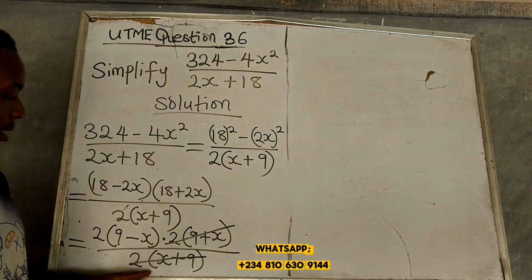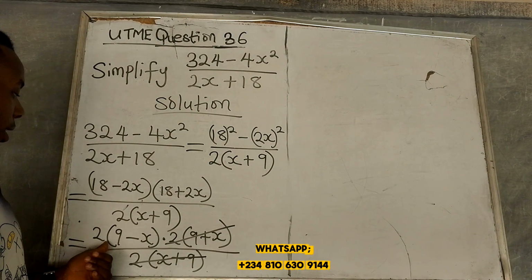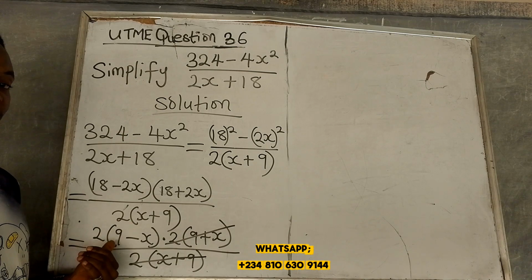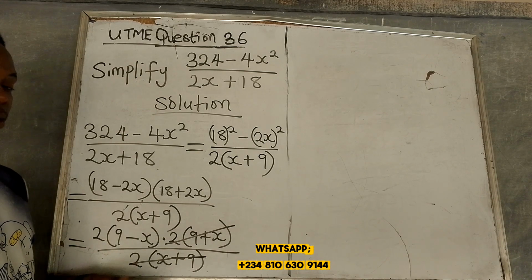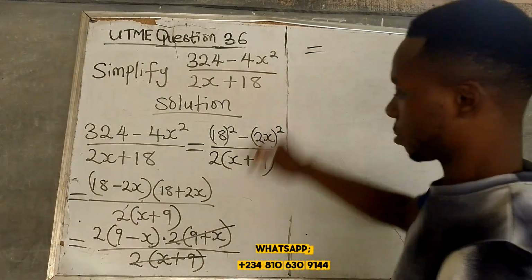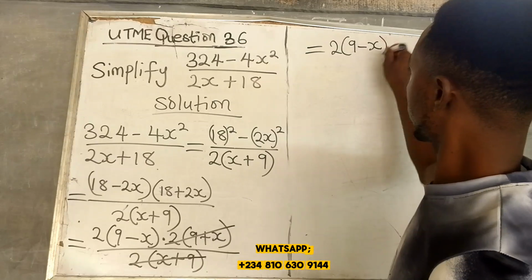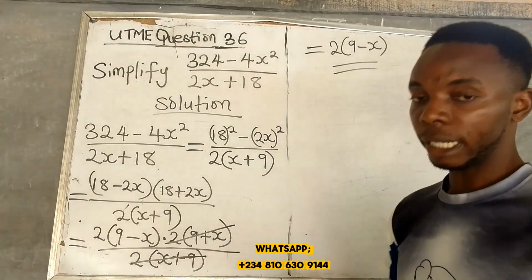Are you with me? So what you're left with is 2(9 minus x) as our final answer. So we write it as equal to 2(9 minus x), which is our final answer.